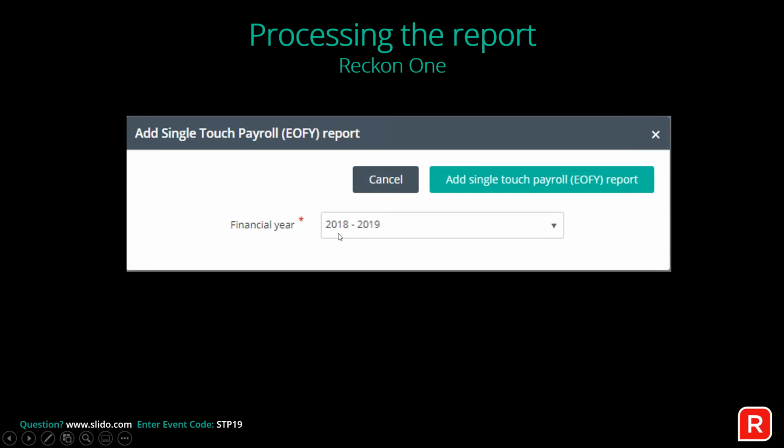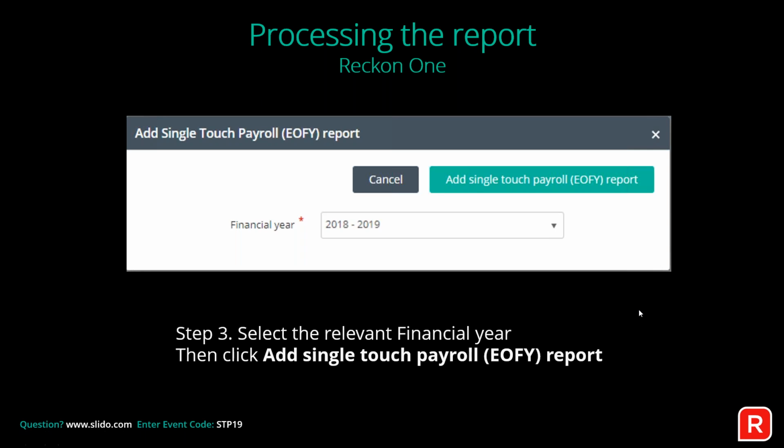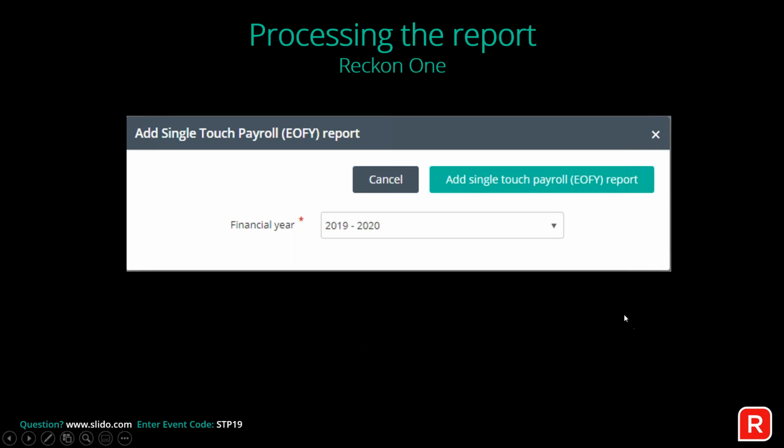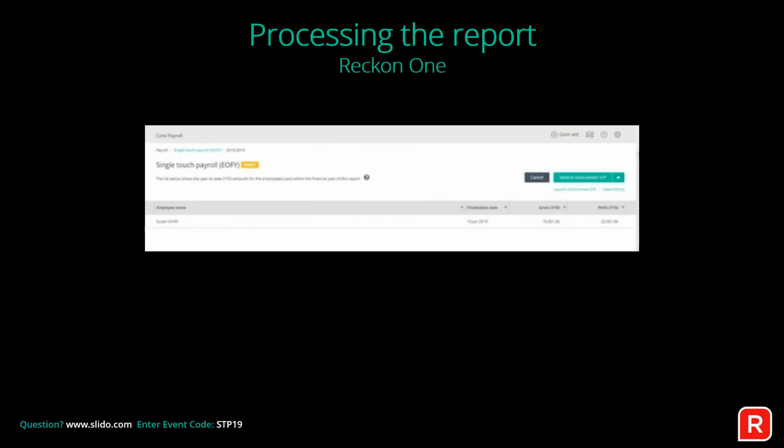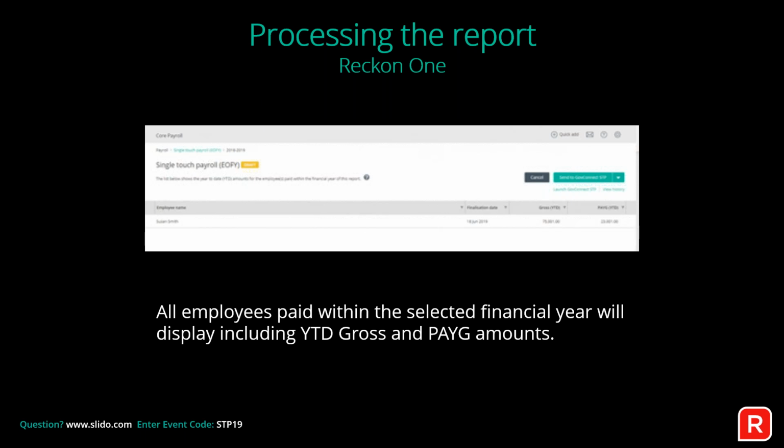So select the financial year 2018-19 and just then click on Add Single Touch Payroll EOFY Report. And that will prepare the report for GovConnect.